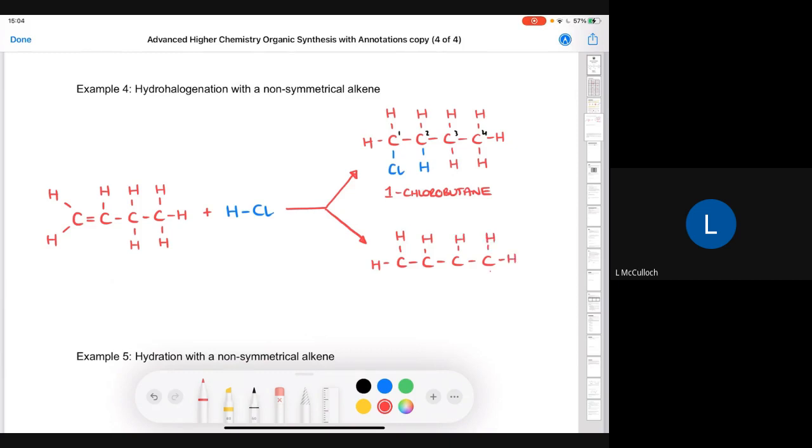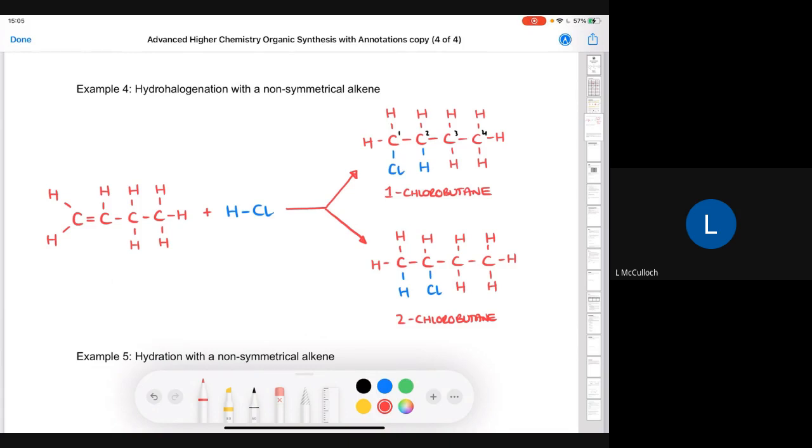And this time what we're going to do is we'll pop the hydrogen on the first carbon and the chlorine on the second carbon. And that would be called 2-chlorobutane.